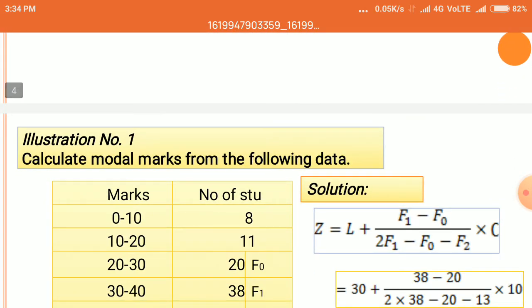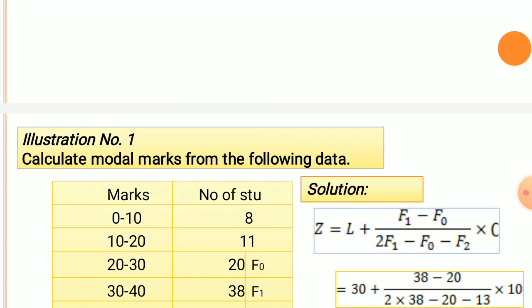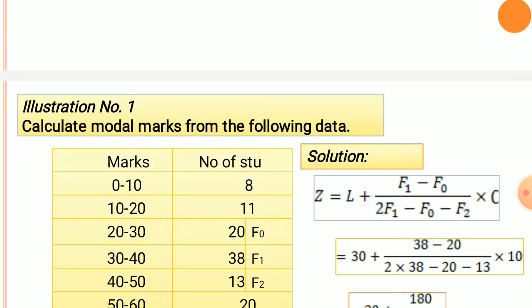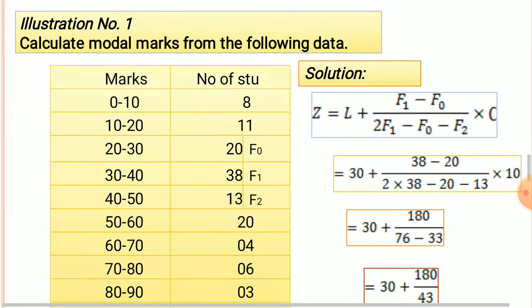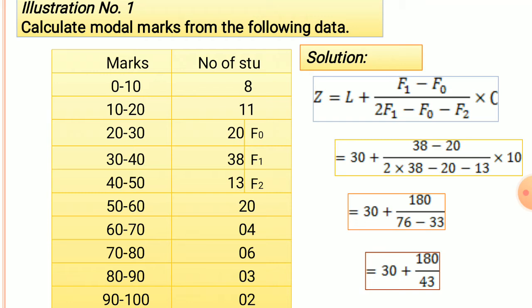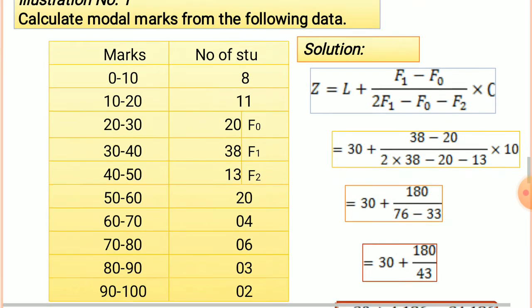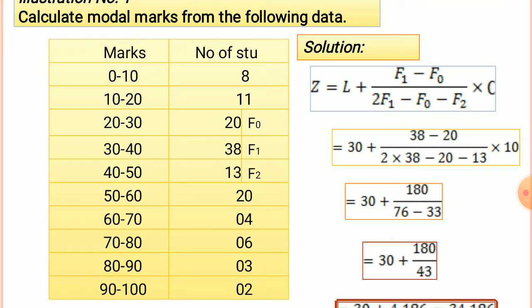Now take the problem. Calculate model marks from the following data. Here class interval is given and number of students. The model class is 30 to 40, because it has the highest frequency, 38.